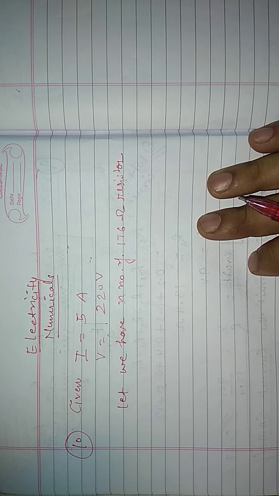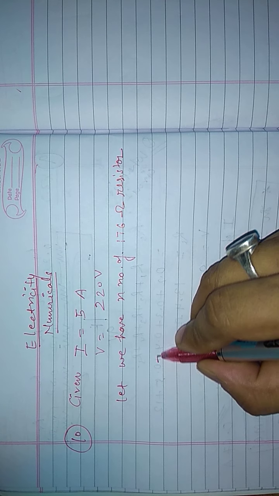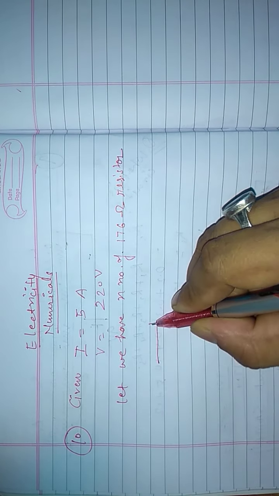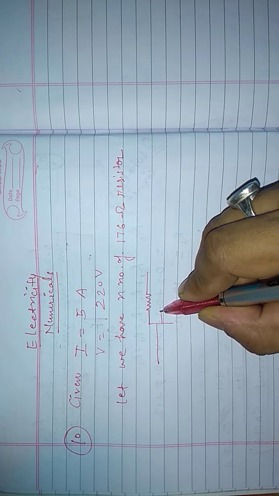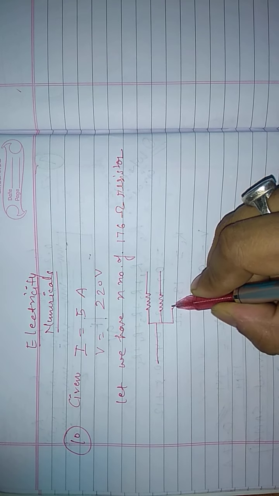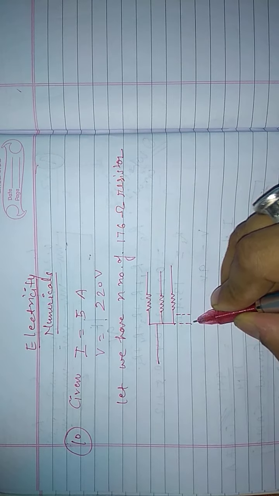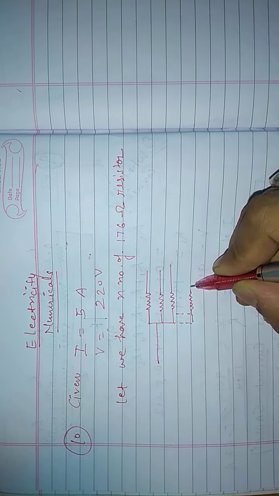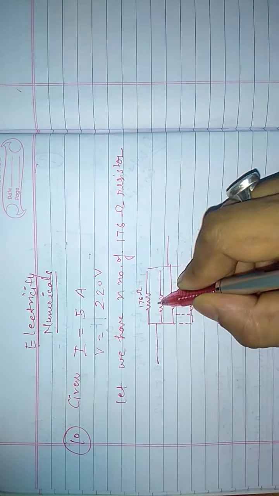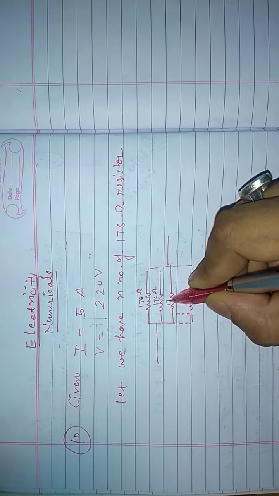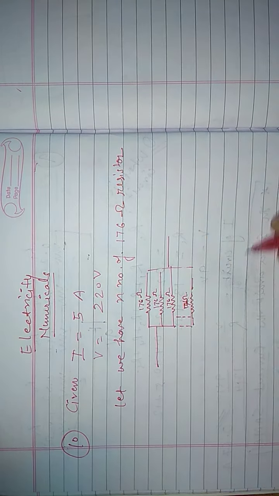Basically, the main motive in this problem is that if we have a circuit, this is 176 ohm, this is 176 ohm, this is 176 ohm. I don't know how many 176 ohm resistors are required. So let these be n numbers of 176 ohm resistances here. Basically, we have to find the number of the 176 ohm resistors.